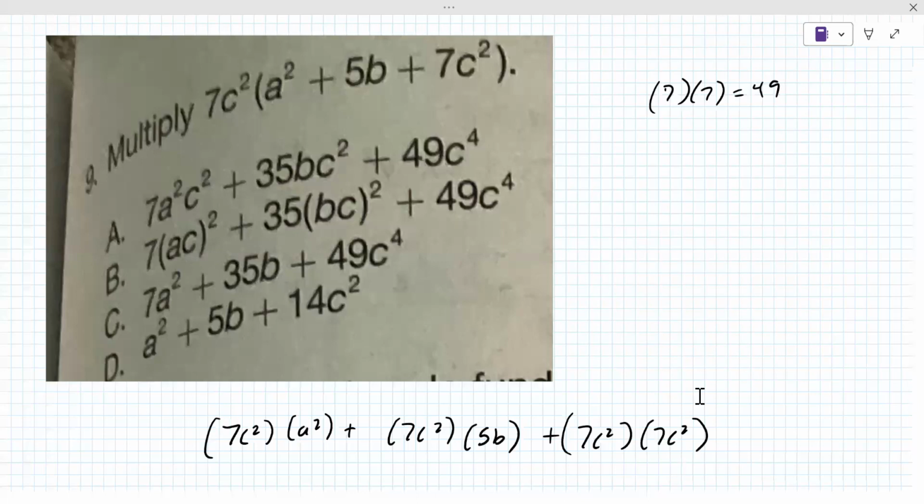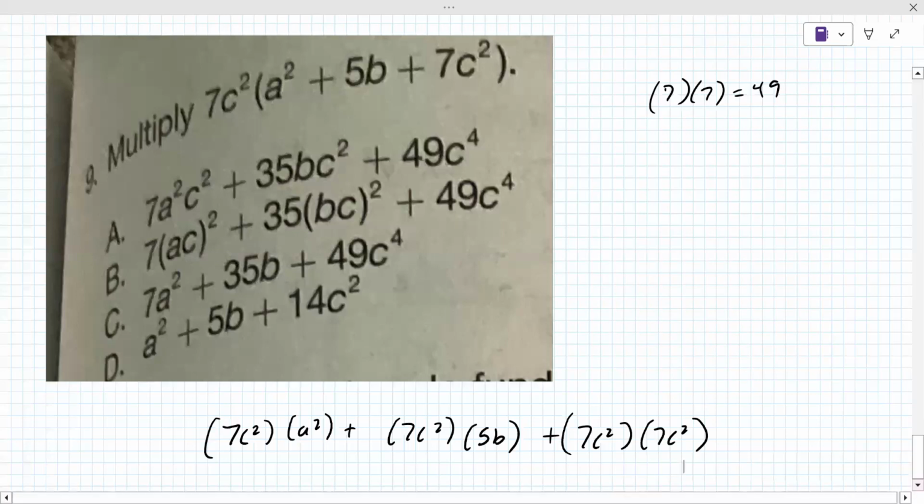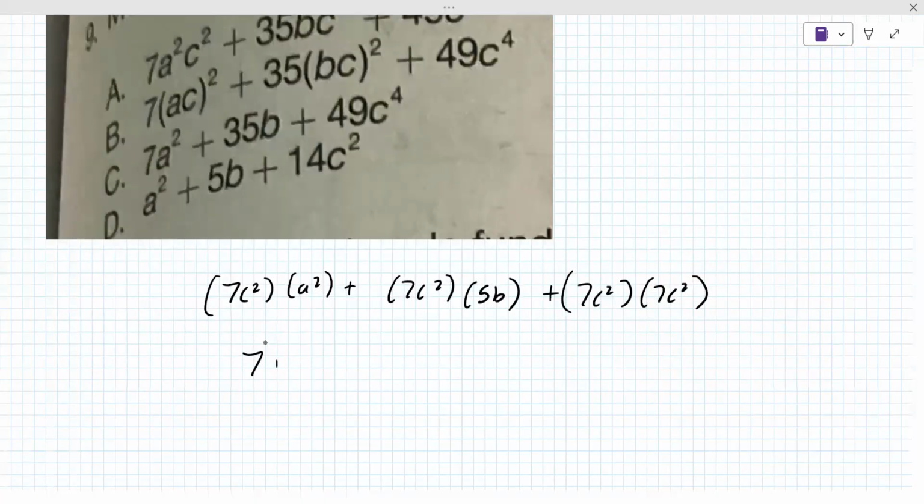That's if it's the same letter. If they're not the same letter, they just remain as is. So the first one would be 7c squared a squared, or generally, 7a squared c squared. Yeah, generally you do it in alphabetical order. Of course. All right. So 7a squared c squared.